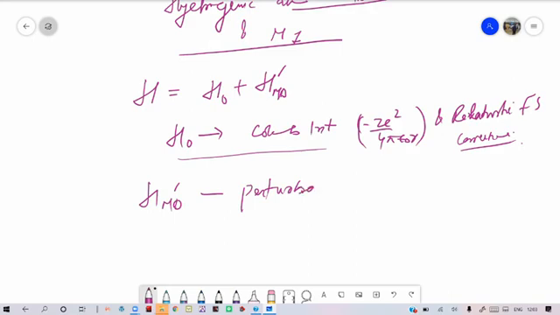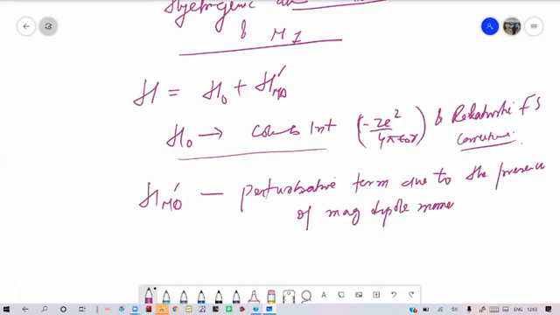While this perturbed part is a perturbative term, and it arises due to the presence of the magnetic dipole moment mu_I.